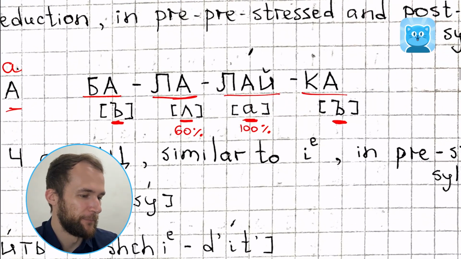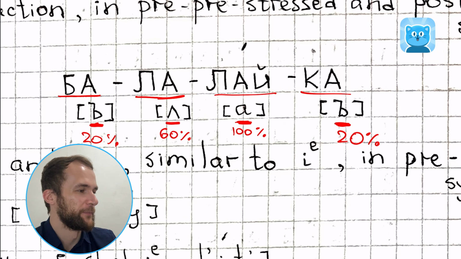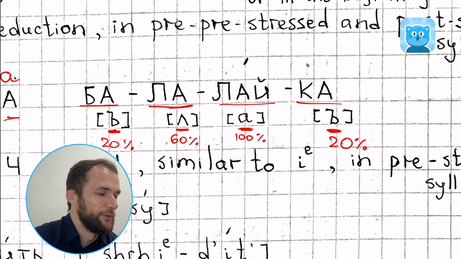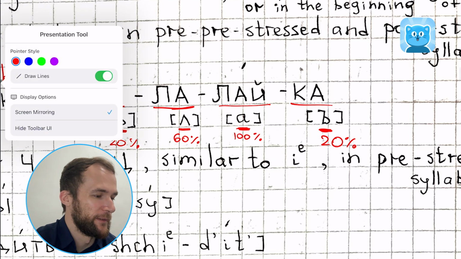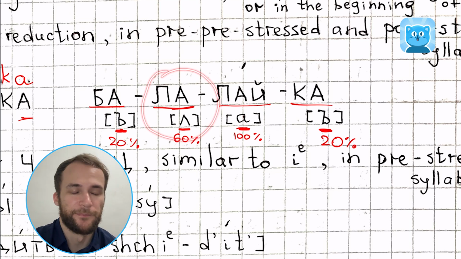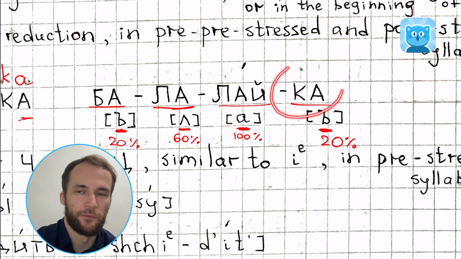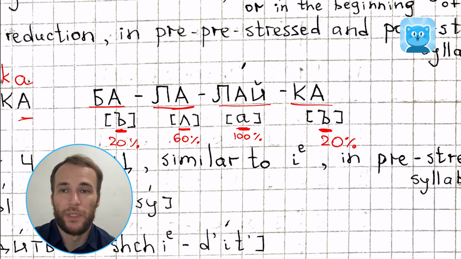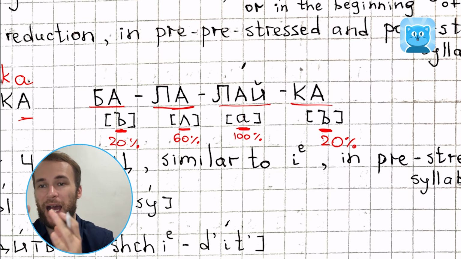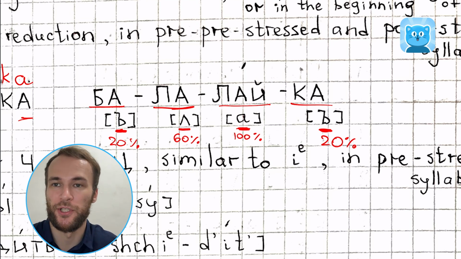So what does it mean? Well, I will explain. It means that this one is the strongest, which is ah. This one is weaker, which is ah. This one is very weak, and this one is very weak. So instead of pronouncing everything as ah, ah, ah, ah, you pronounce it in a different way with a different energy.